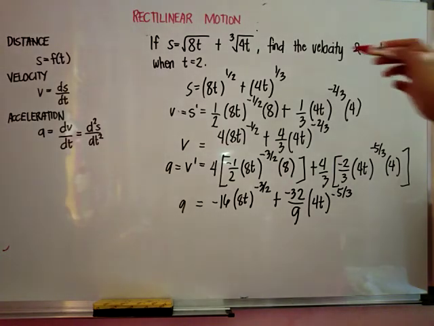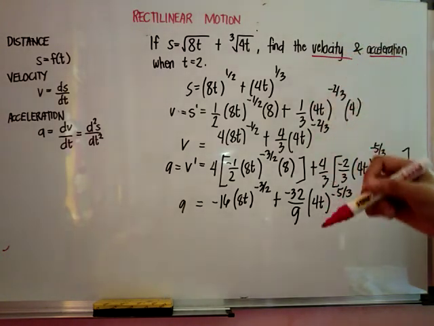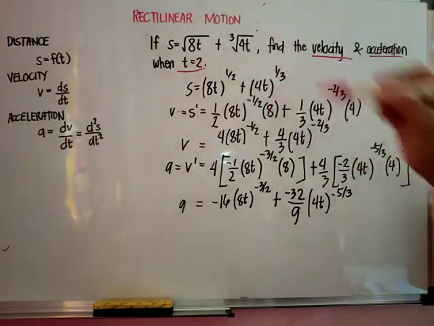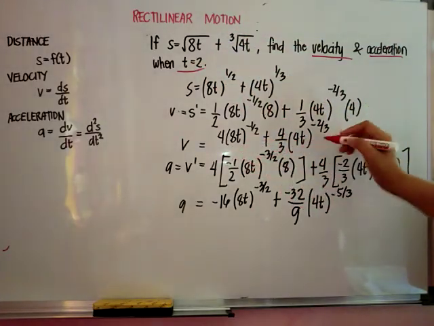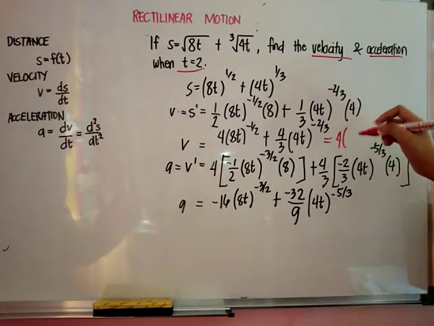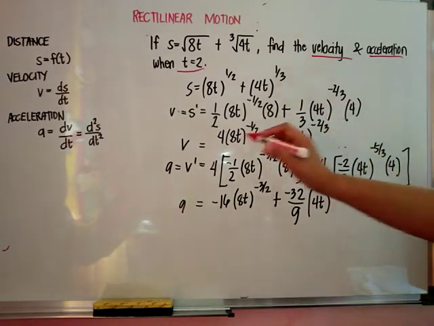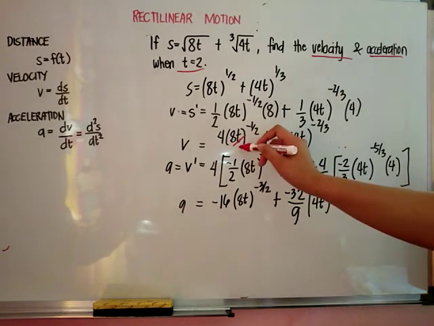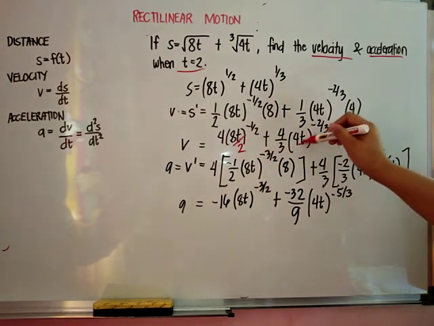So, para makuha natin yung value ng velocity and acceleration at t is equal to 2, substitute lang tayo. So, we have 4 times, so palitan ko na lang dito. So, we have ito, palitan lang ng 2, then palitan ng 2.